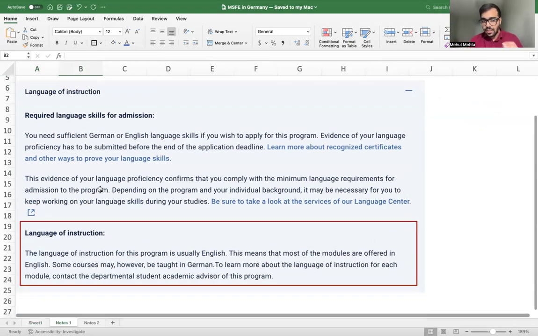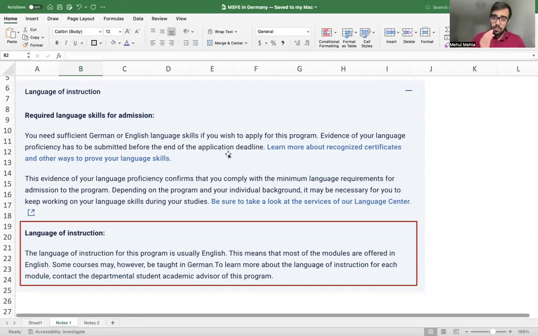Now the catch here is the language of instruction. Let me read it for you. The language of instruction for this program is usually English. This means that most of the modules are offered in English. Some courses may, however, be taught in German. This is the catch. If you see, the majority of these universities offer this master's degree in English, but a few of the courses will be taught in German.